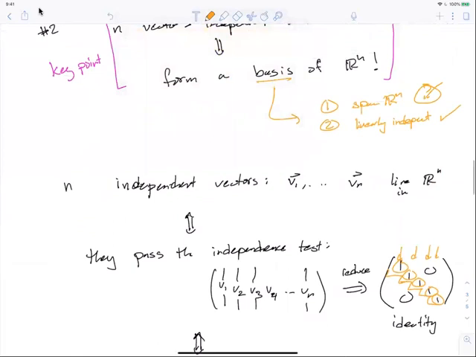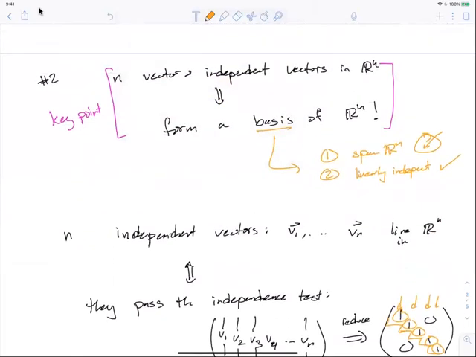So that tells us that any n independent vectors in Rn themselves form a basis. And that's why this is true.